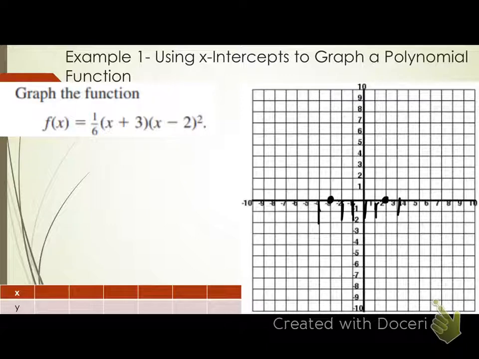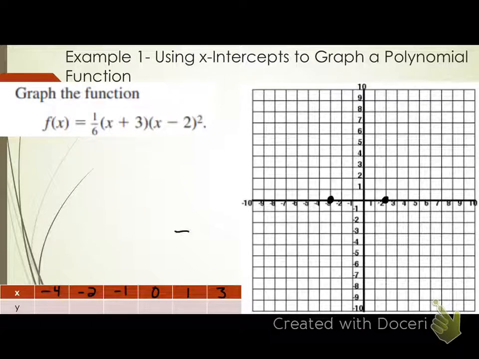I'm going to plug those x values into my polynomial function to get some more points that are on my curve. I'm just going to plug all those into my function, and that'll spit out my y value, my f of x value.